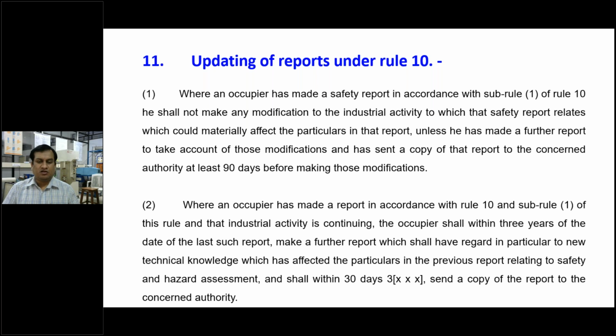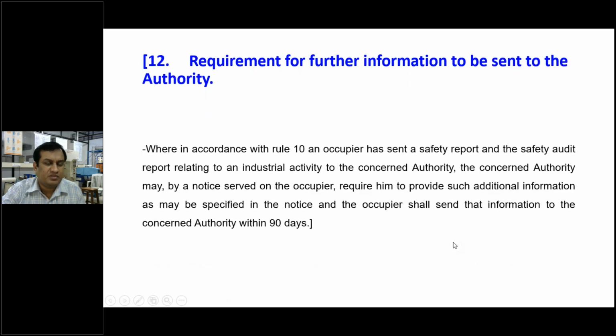If you or the occupier think that these suggestions are valid, then you can correct or rectify these changes in the operations, but you have to make a safety report after modification or rectification, and you have to submit that report again.